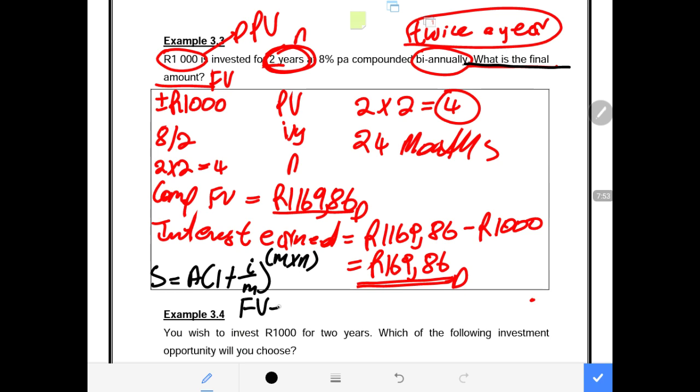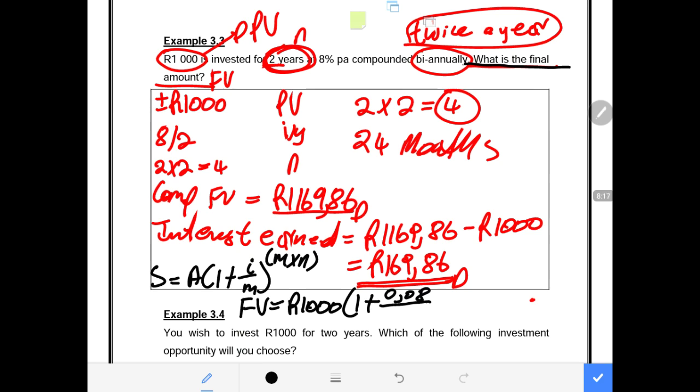I want to highlight that. Future value is equal to present value, which is 1,000, open brackets 1 plus. I said that when you work with the formula, you must make sure that your interest is in decimal: 0.08 divided by m. Remember, m is the number of compounds in a year.